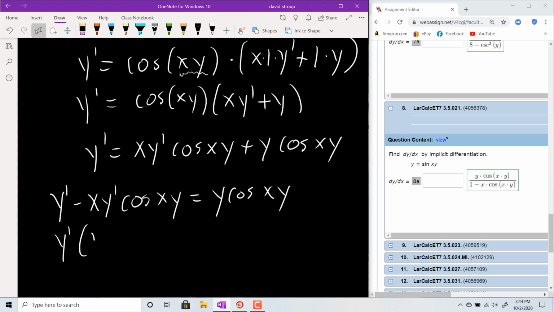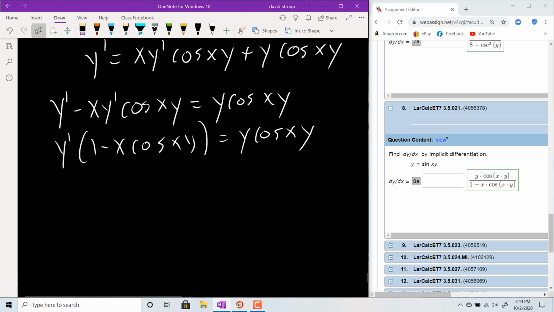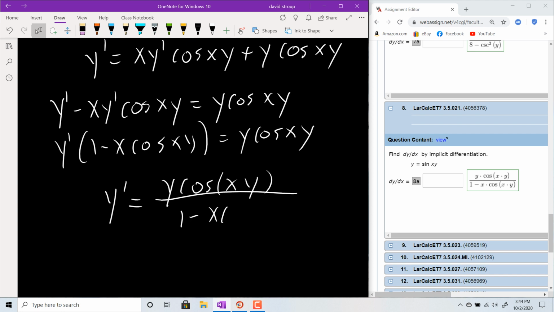Factor out the y prime. And then lastly, divide. So y prime will equal y cosine of xy all over 1 minus x cosine of xy.